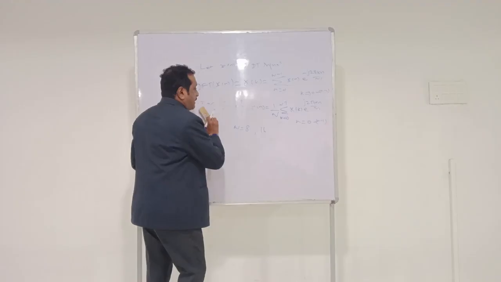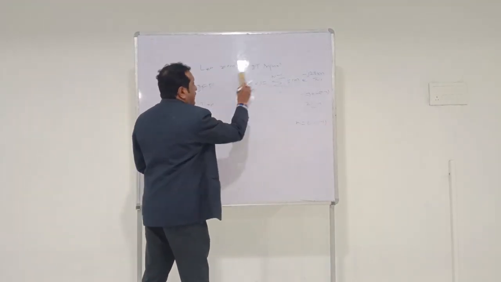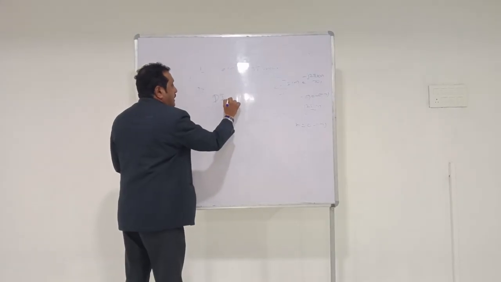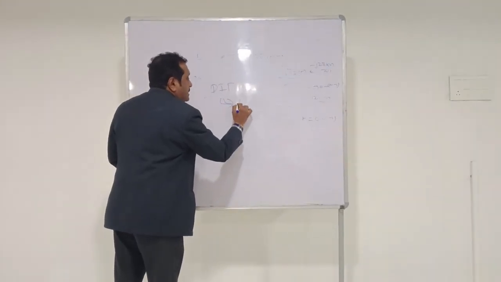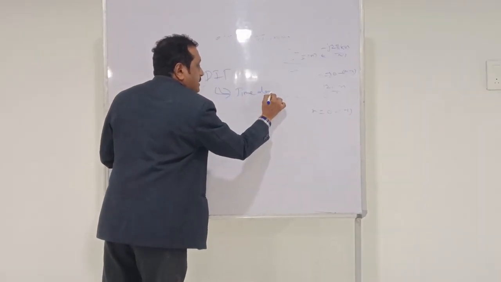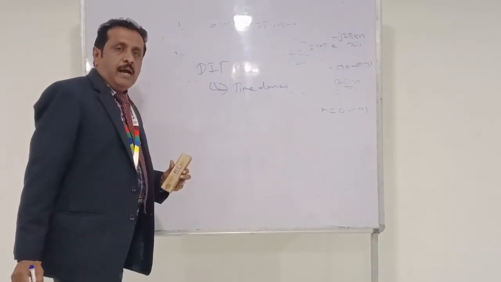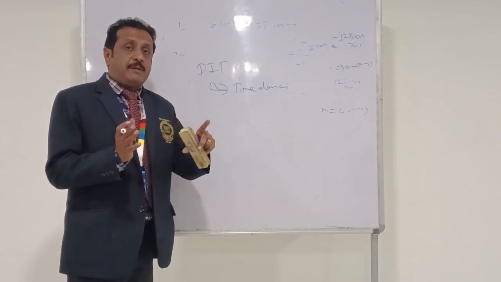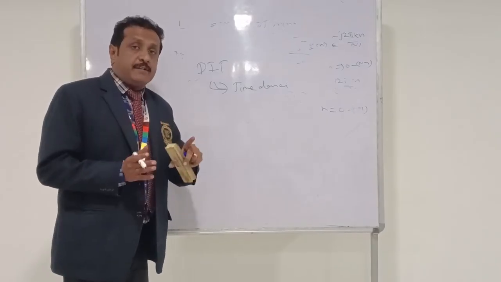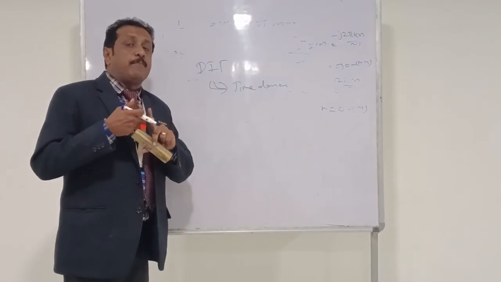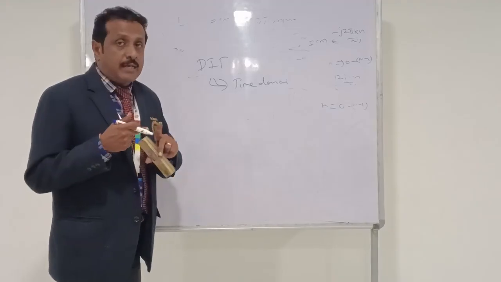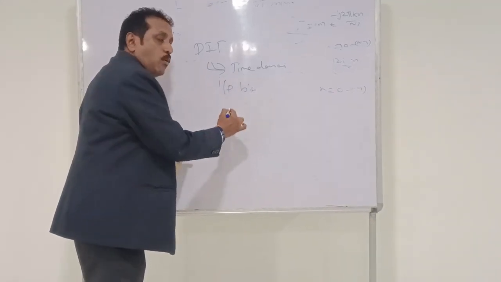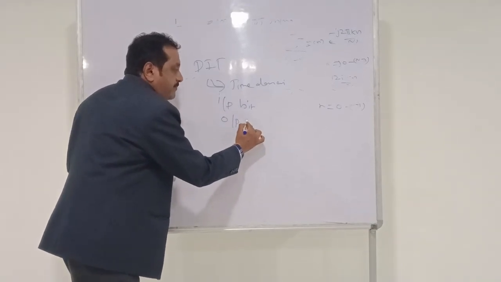From the name itself, we can define the DIT, decimation in time: the time domain is decimated. Another important point, there are major differences between DIT and DIF. First point, in the DIT, the time domain is decimated. The second one, here the input is in bit reverse order and the output is in normal order.